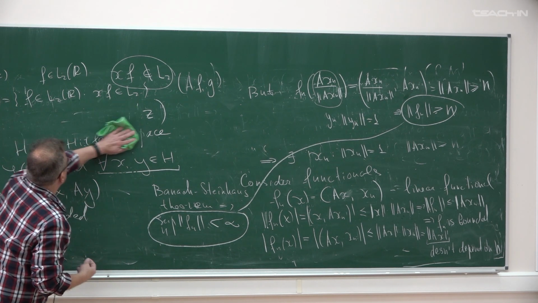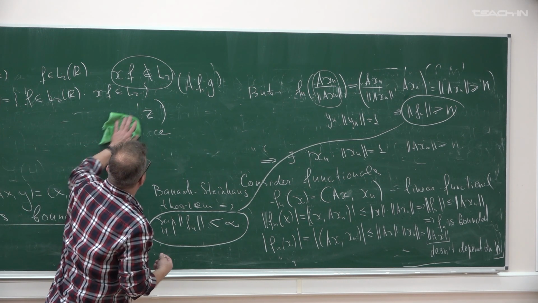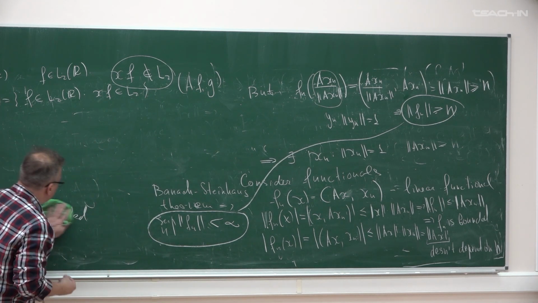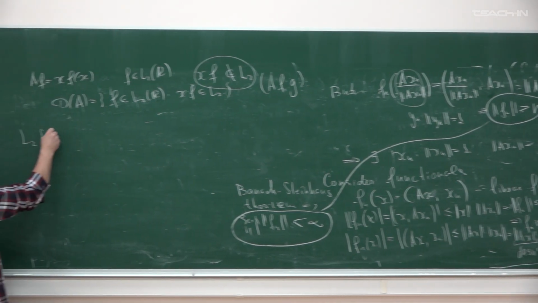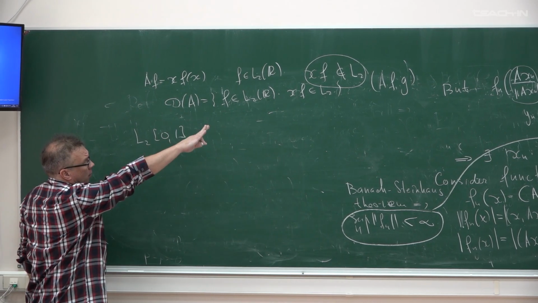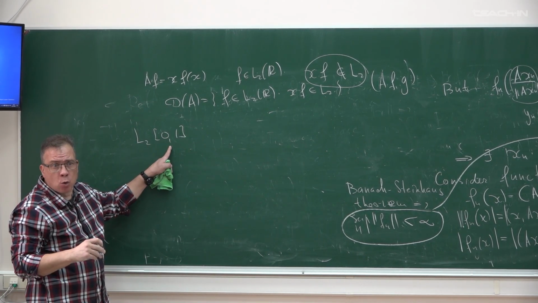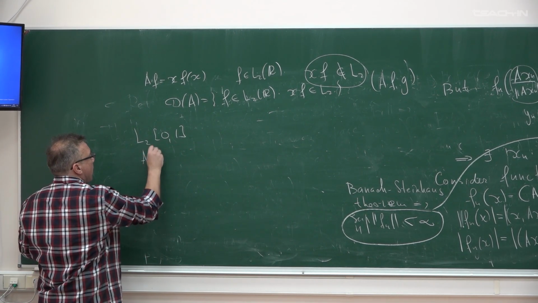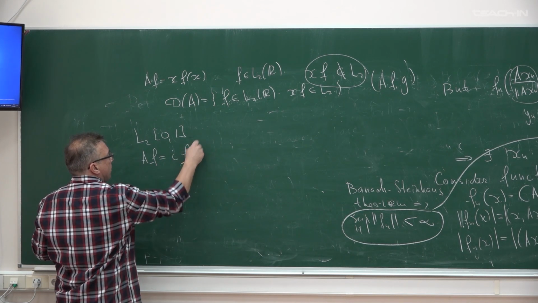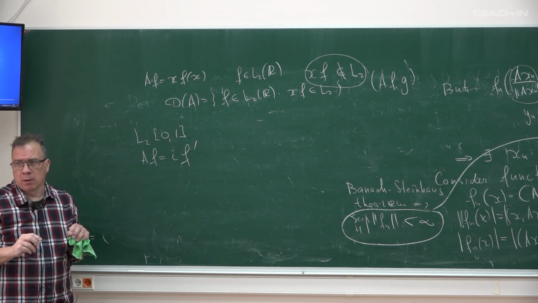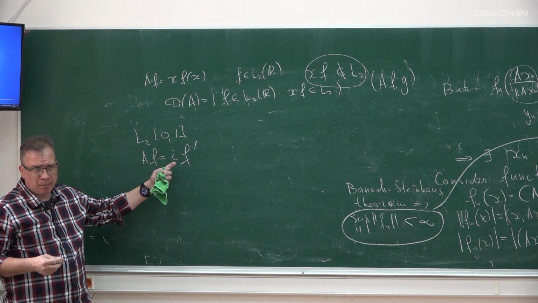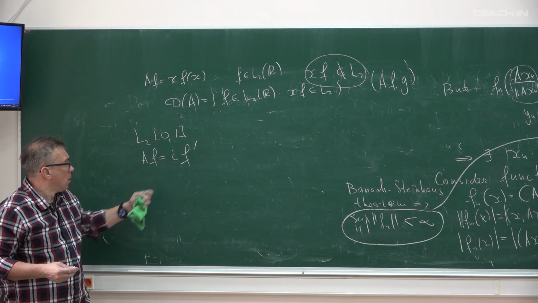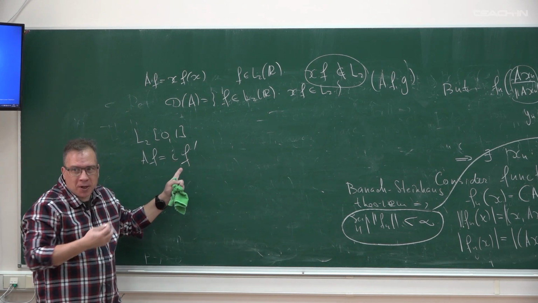I consider this space, not the real axis but the interval 0, 1. And I consider the operator Af = if prime. Up to the Planck constant, it's the impulse operator. Yes? And we know that this operator is unbounded.